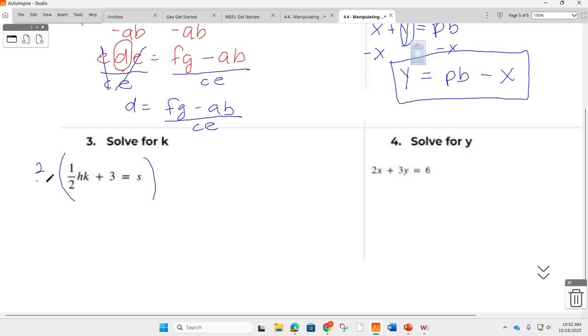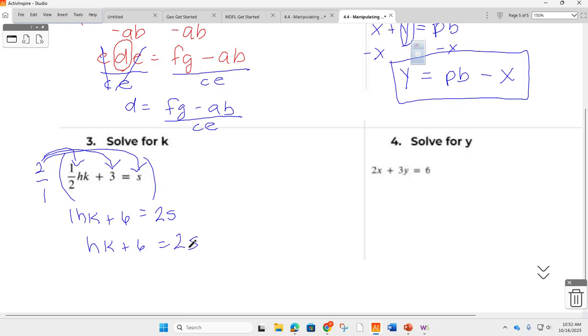Now this one has no parentheses in it, so every term gets multiplied by the 2. 2 times 1/2 is 1 HK, plus 2 times 3 is 6, equals 2 times x is 2x. We don't need the 1. It's just h times k plus 6 equals 2x.